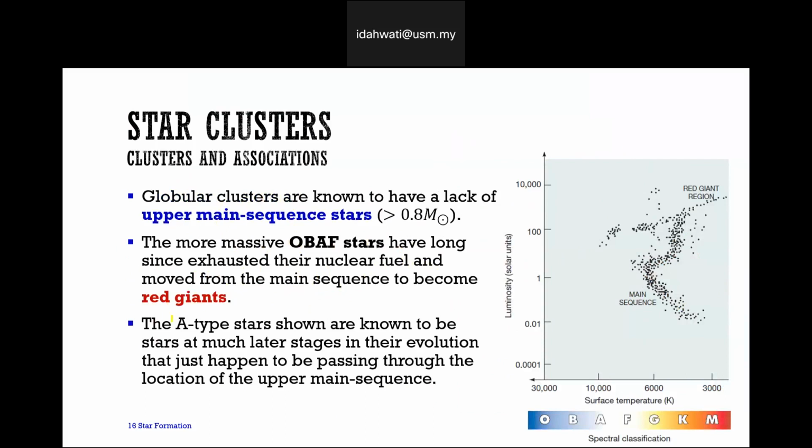How about the A-type stars? They are known to be stars at much later stages in their evolution that just happen to be passing through the location of the upper main sequence.